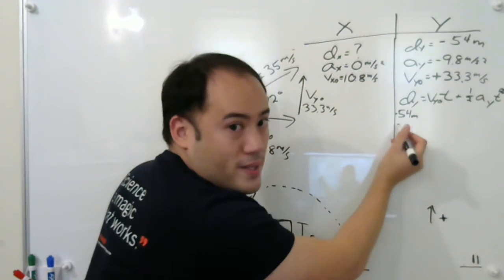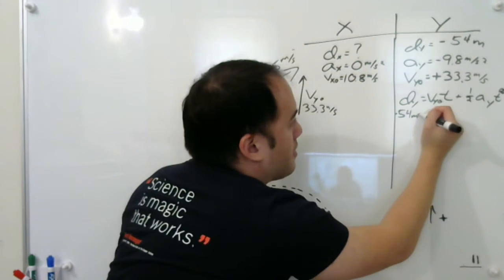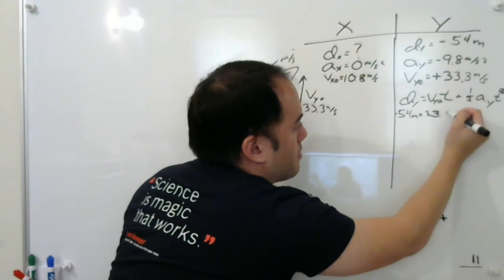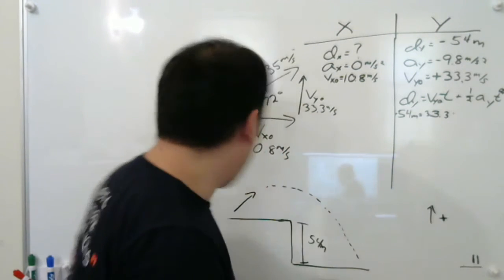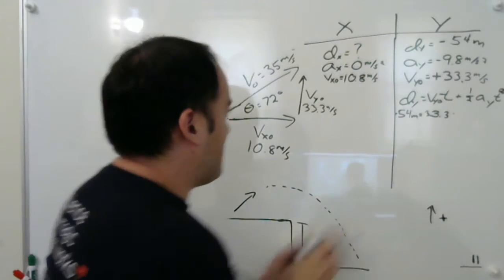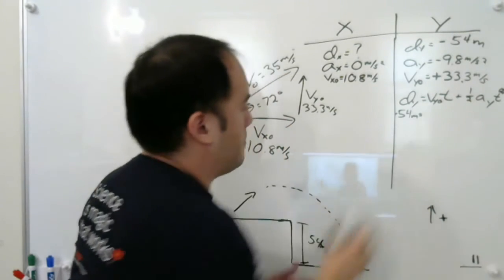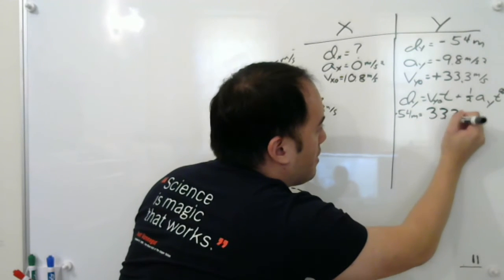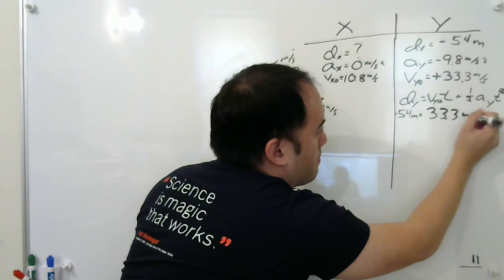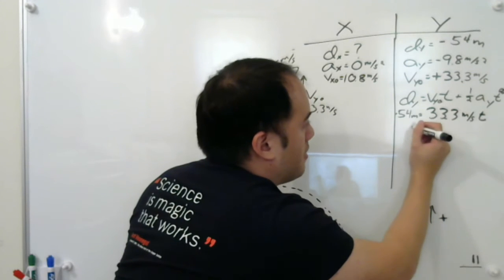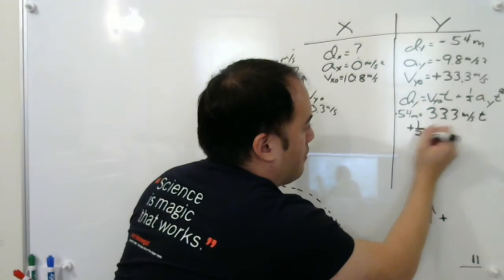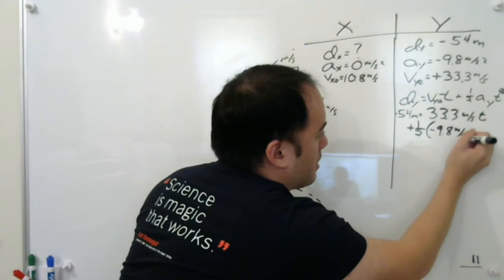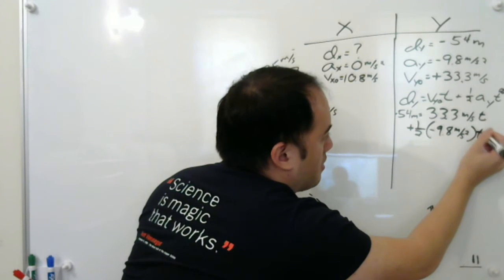Negative 54 meters equals 33.3 meters per second t plus 1/2 negative 9.8 meters per second squared t squared.